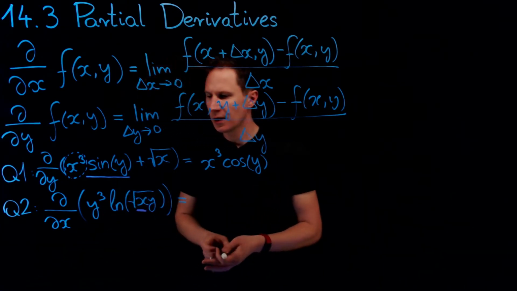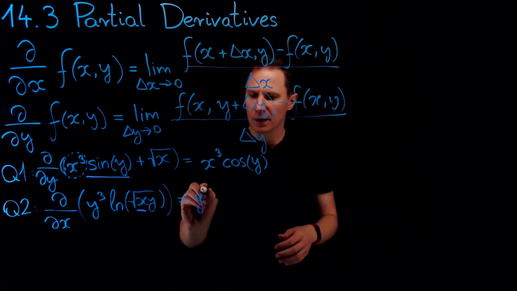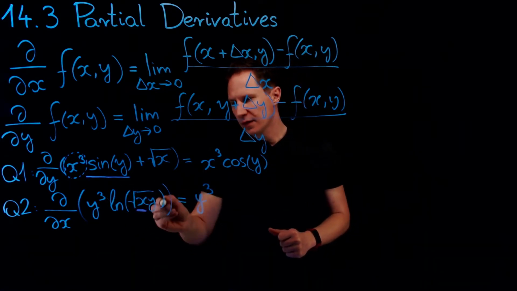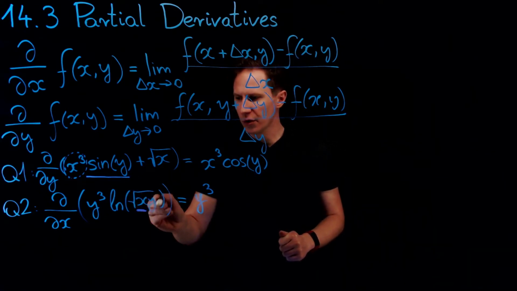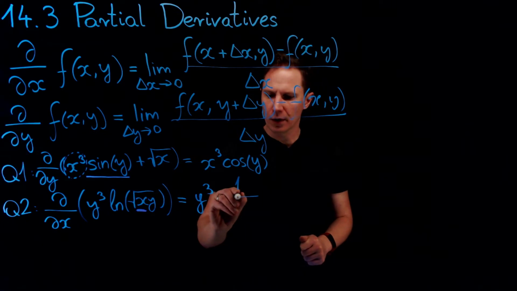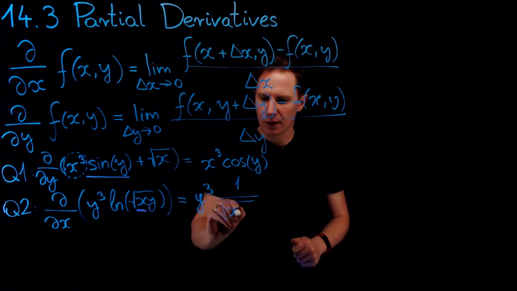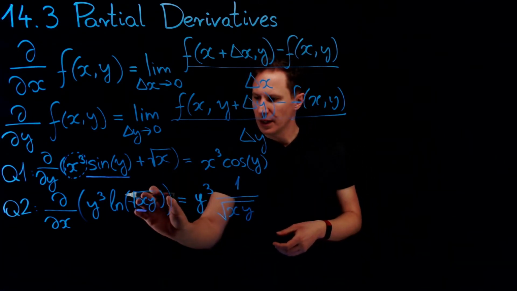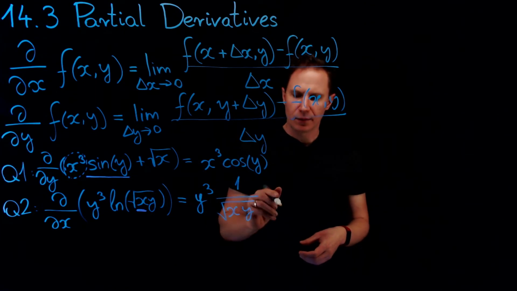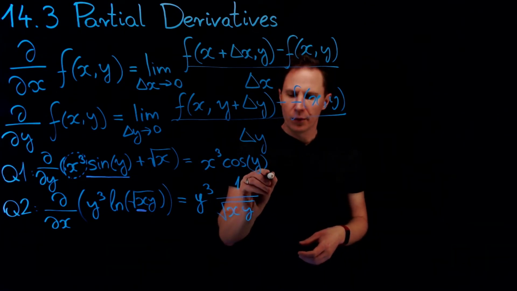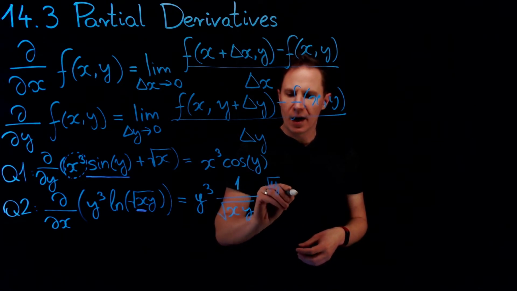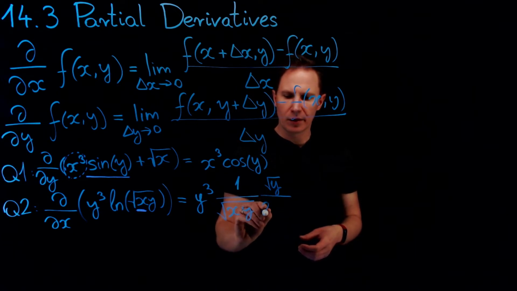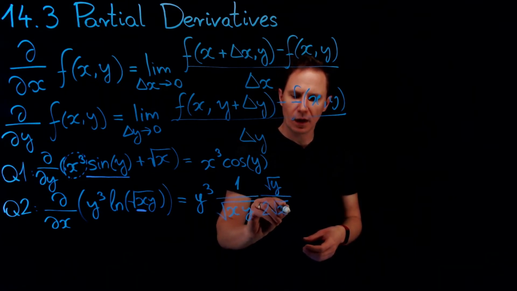So when we differentiate this function with respect to x, y cubed is like a constant multiple that remains, and then this is a composite function. So what we want is the derivative of log, that's 1 over the argument, times the derivative of the inner function, so that's root x times y. The square root of y is just a constant multiple, so it's the square root of x that we want to differentiate, and if you remember, that's 1 over root x.